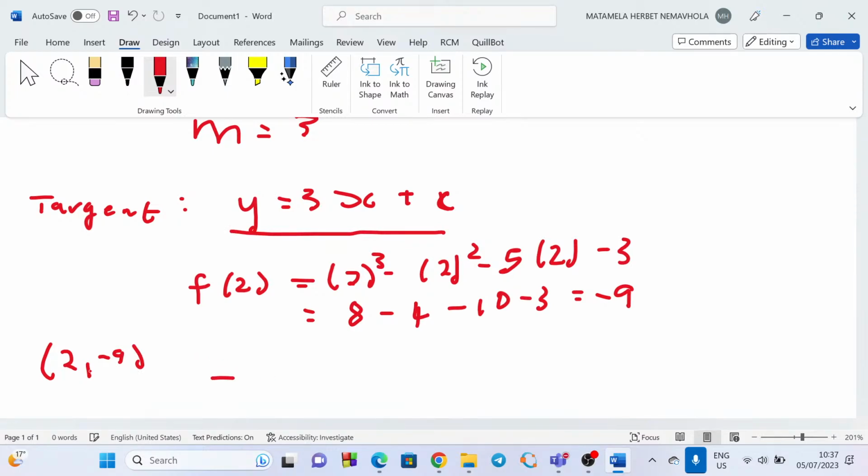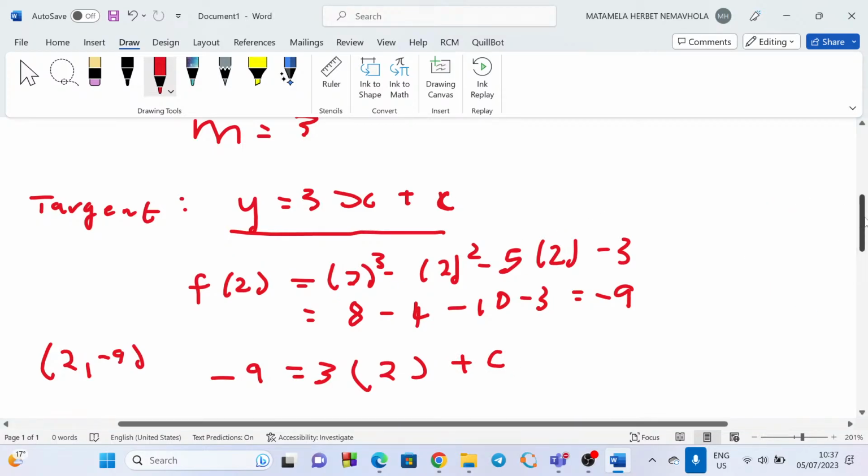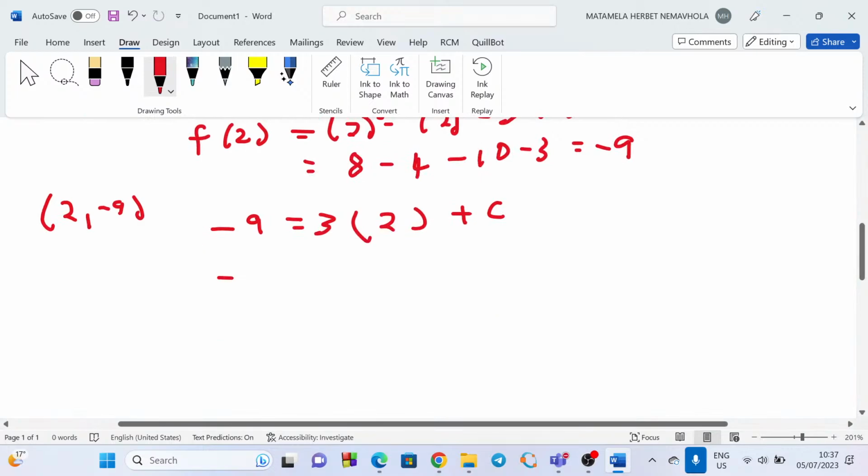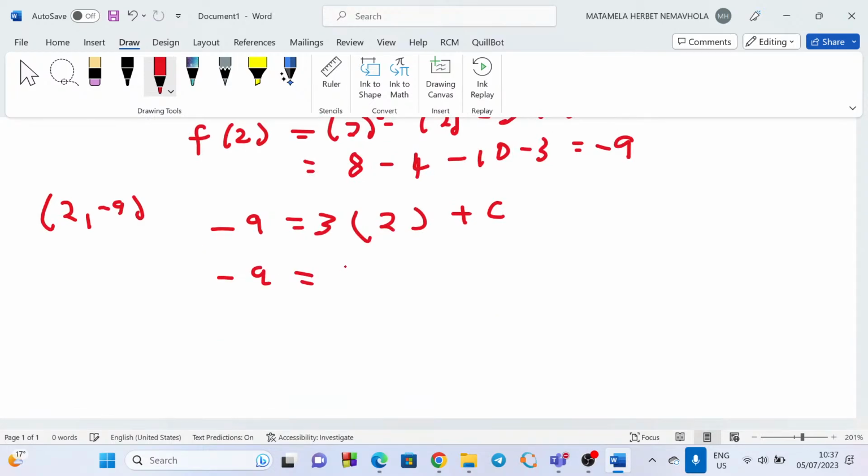So we're going to say minus 9 equals 3 times 2, substituting the 2 there in place of x, plus c. So when we solve it, minus 9 equals 6 plus c.